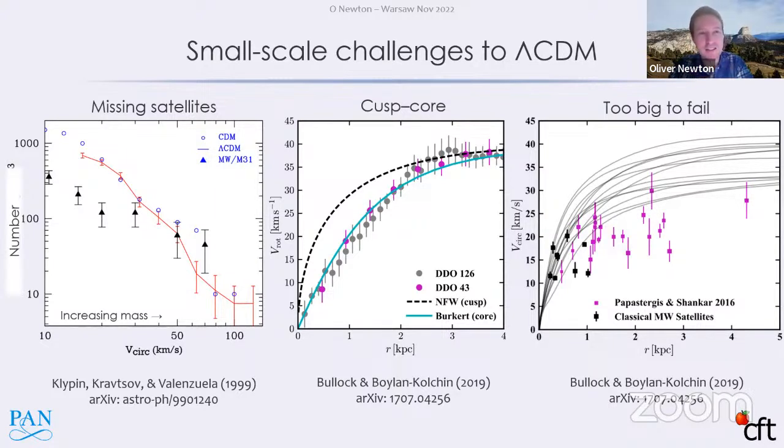And if you look at the galaxy population around the Milky Way and M31, or similar sized halos, which we have represented here by these black triangles and error bars, and compare that with, you ask the same question of the dark matter-only simulations from lambda CDM or CDM, you find that at low masses you get quite a large discrepancy, whereas you might have a few hundred in small galaxies in observations.